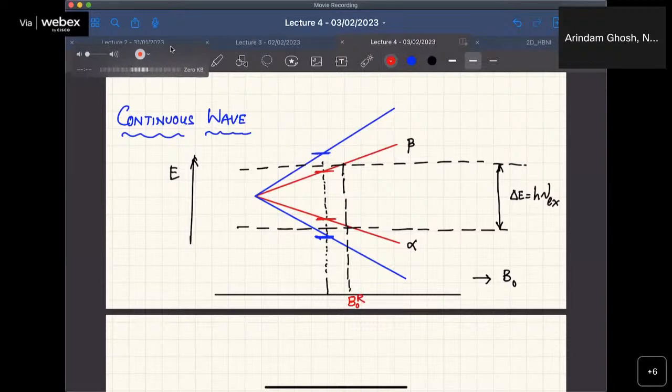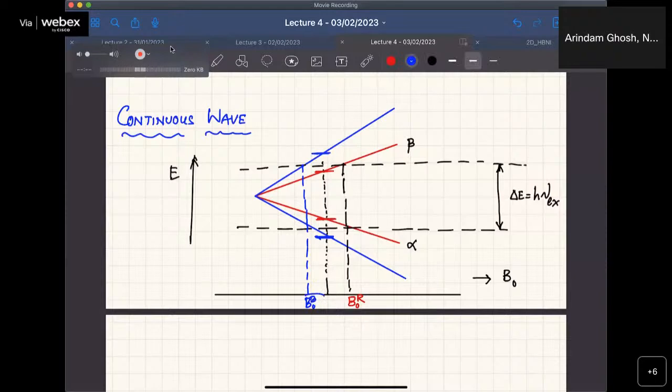Whereas the same energy, this much amount of energy, will be useful for the resonance condition for the blue one, where I have the B0 here, because for this particular B0, this black dotted line is cutting the blue one. So I can draw another one. This is B0 blue.